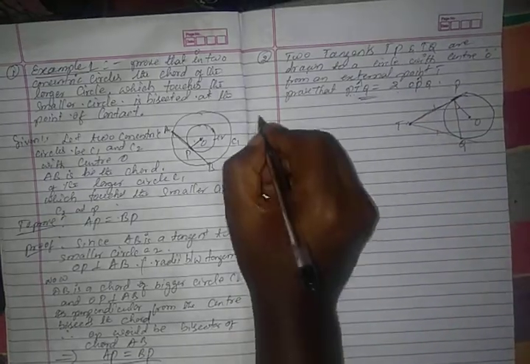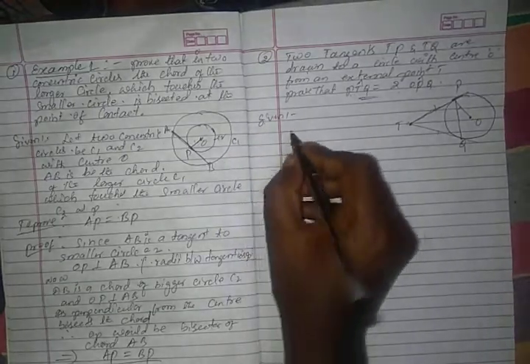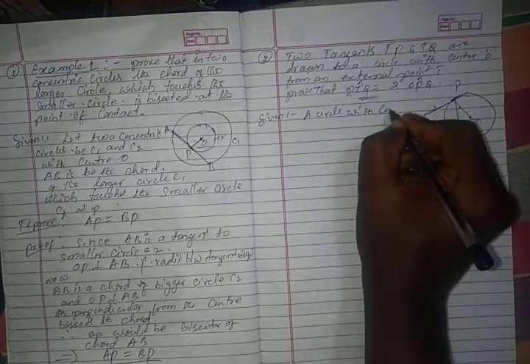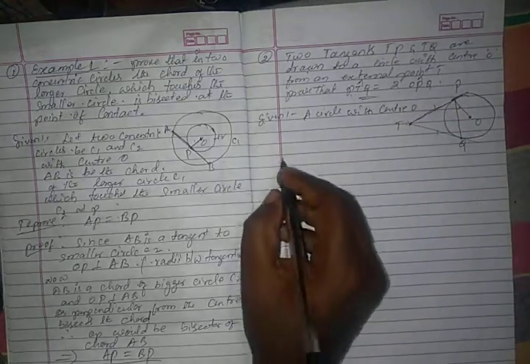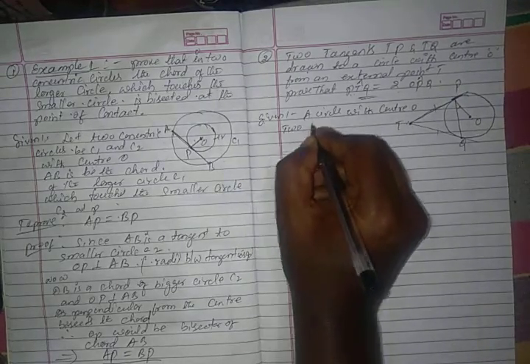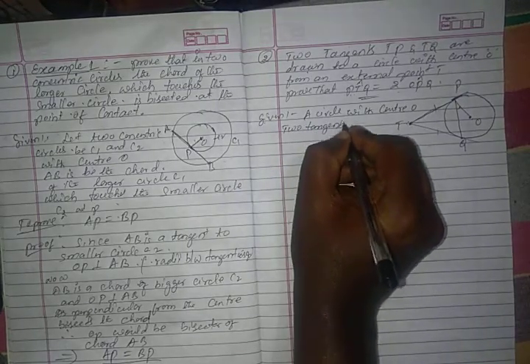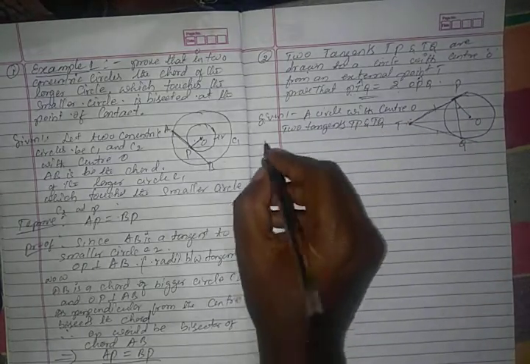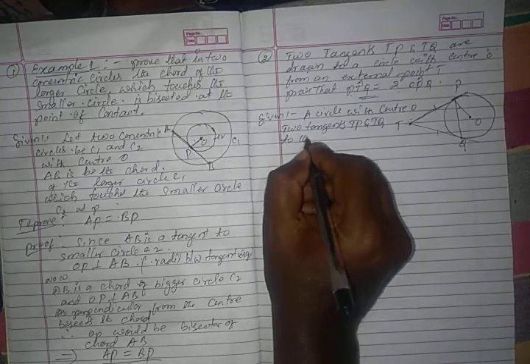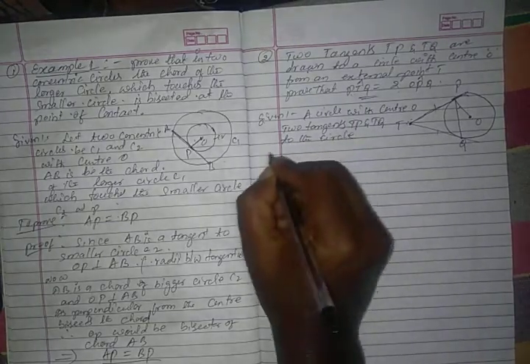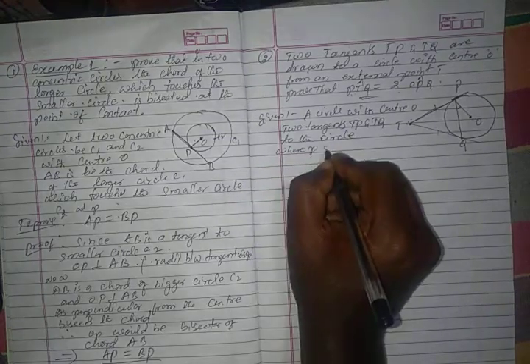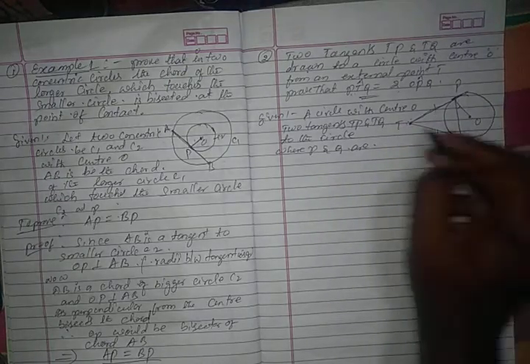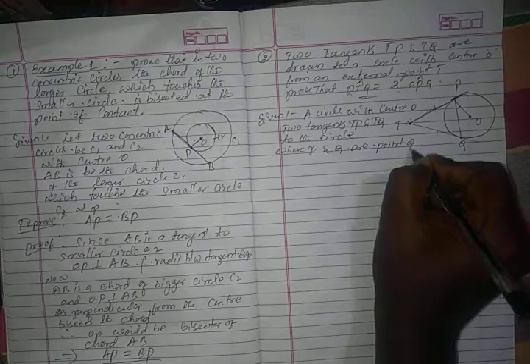Let us see. First, write the given in the question. A circle with center O, and two tangents TP and TQ to the circle, where P and Q are the points of contact.